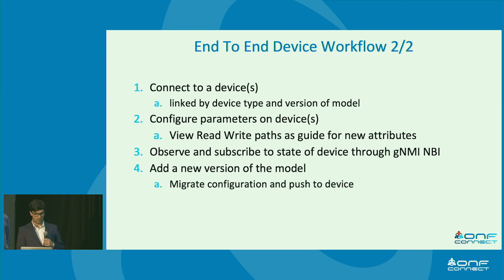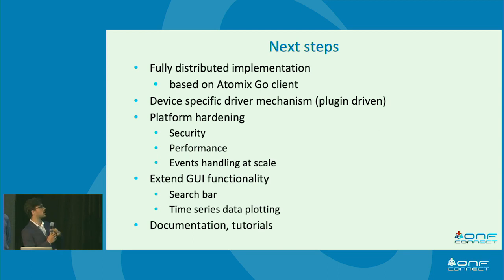So you can also decide to migrate the configuration based on the Yang model and push it again to the device. So what are the next steps? Obviously, this is not a shiny ball that is perfect and doesn't require any work. At the moment, we have parts of it in a distributed implementation, but we want to complete that distributed implementation based on the Atomics Go clients that Jordan put together.